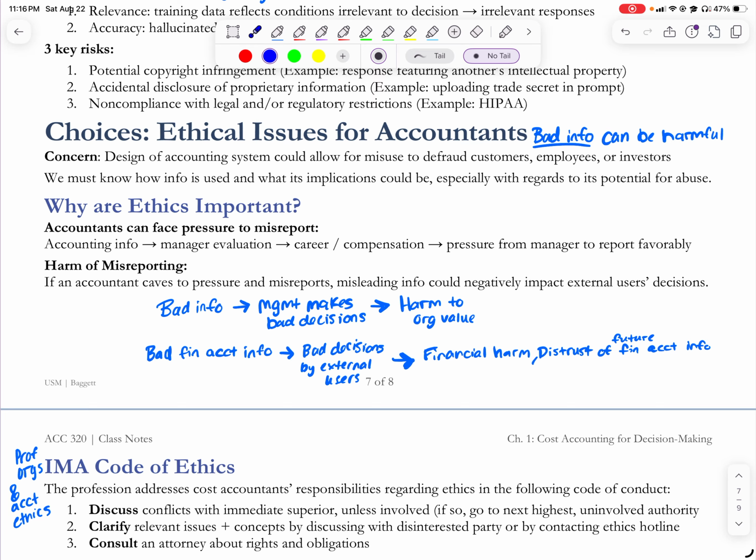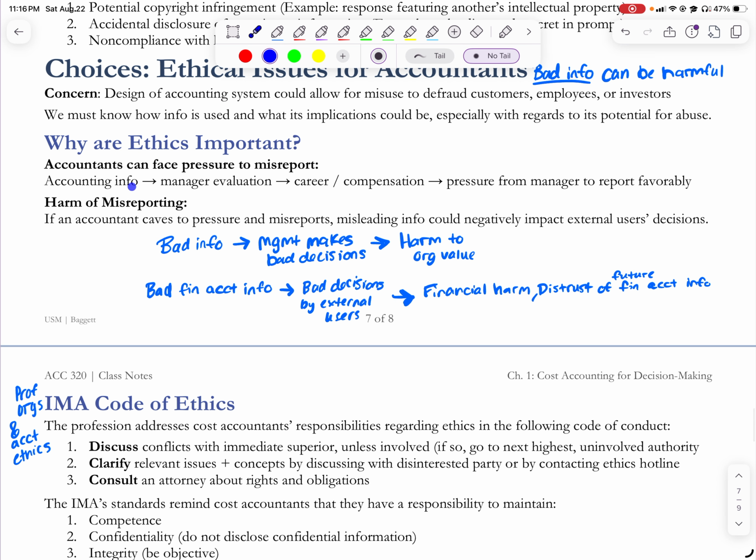So managers have a lot riding on that accounting info, and they may try to influence accountants to report in ways that are more favorable to them. So there's a pressure to misreport from superiors, from management.